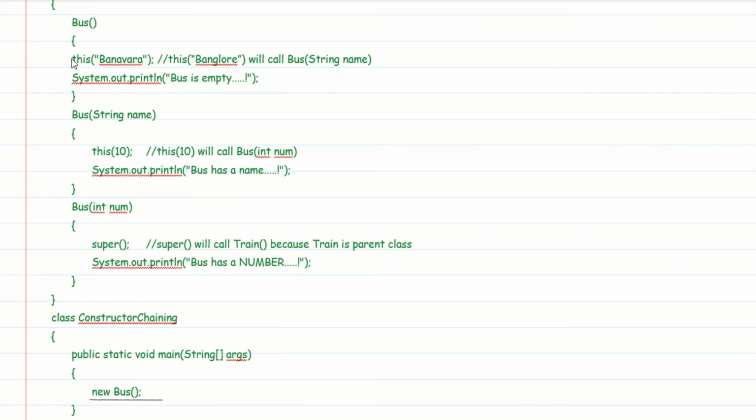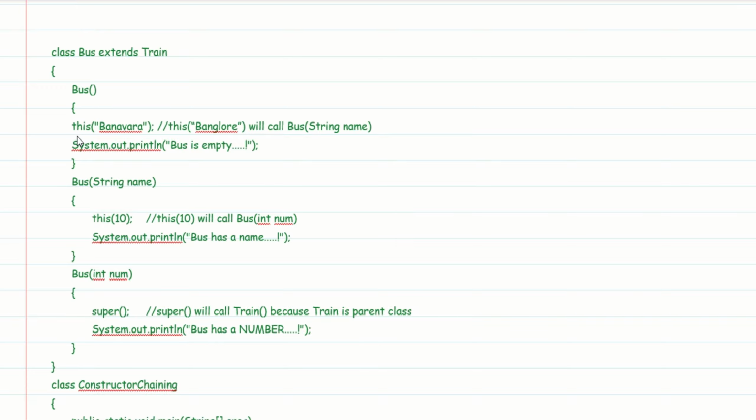So first, as soon as I call the Bus class, you can see the first statement is this. So it will call another constructor with string as a parameter. Then it will call another constructor with int as a parameter. Then within this constructor, we are using the super statement, which will call Train.